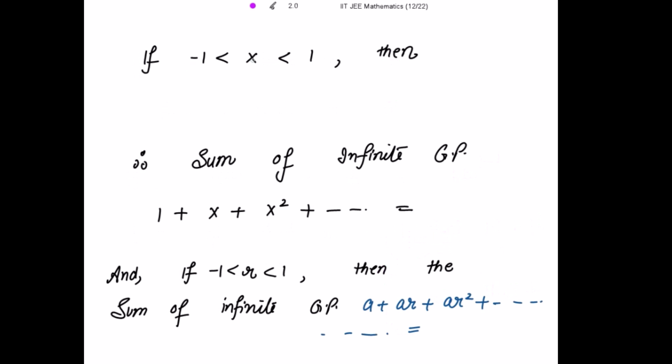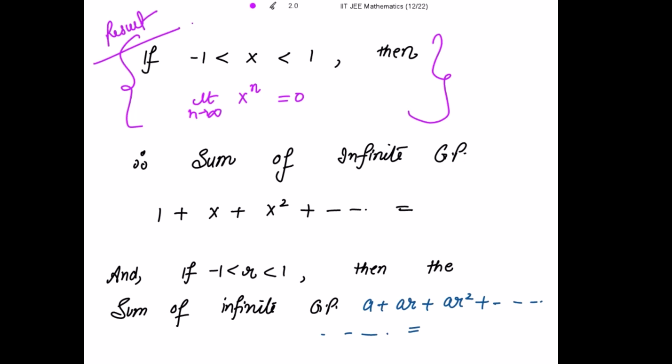For x greater than minus 1 and less than 1, the limit as n tends to infinity of x to the power n is equal to 0. This is a very important result. Please note this. And the sum of the infinite GP, that is 1 plus x plus x square and so on, will be equal to 1 divided by 1 minus x. Please note this also, very important.